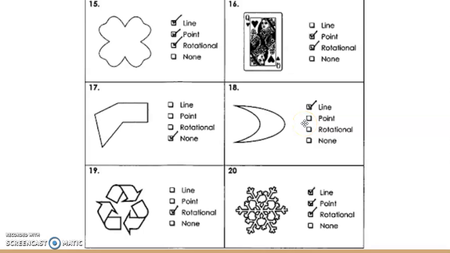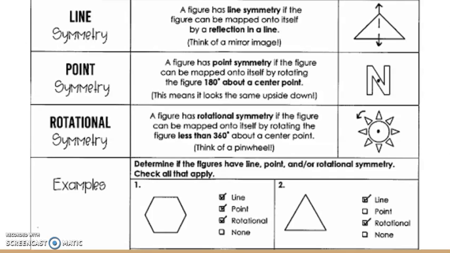So our line doesn't always have to be up and down, it's whatever line could work to get a perfect reflection. Notice that with number 16, even if I did my horizontal line as a line of symmetry, that still wouldn't work because the face and the hearts are on opposite sides. So we have a couple of different ways, but again, that is looking at our line symmetry, point symmetry, and rotational symmetry.